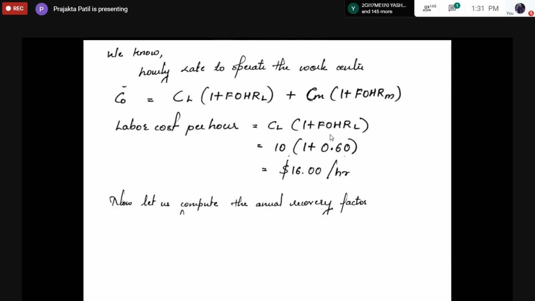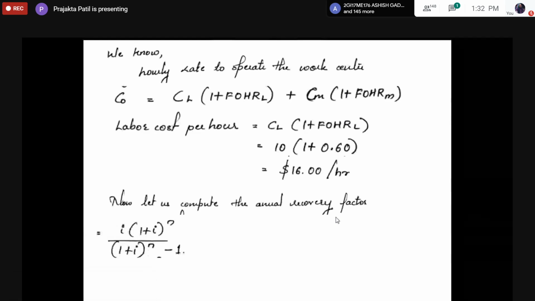Now, in order to get the right side part, let us first compute the annual recovery factor. You have to find the uniform annual cost. Annual cost divided by the number of hours the machine actually works gives you the machine cost per hour. So first let us find the annual recovery factor.